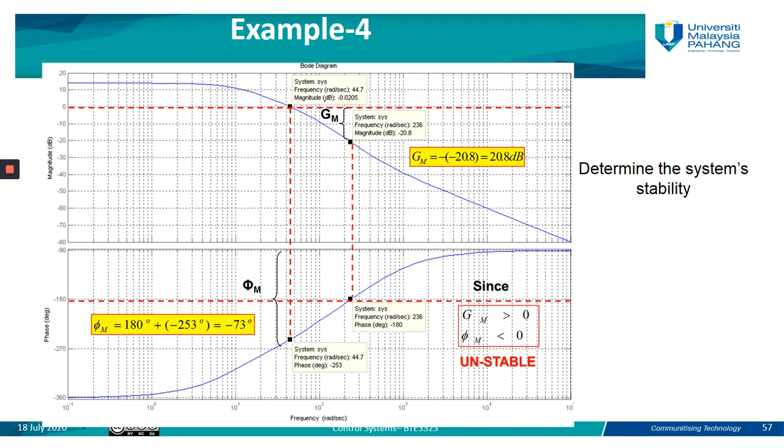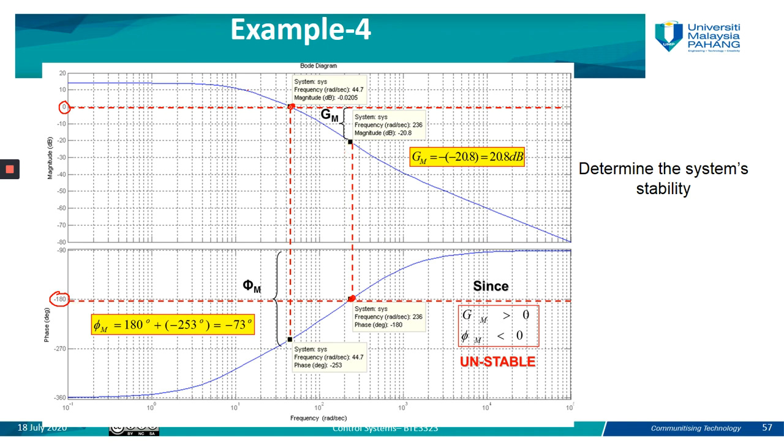We need to identify the gain crossover frequency and the phase crossover frequency. The crossover for the phase is with 180, for the gain it is with 0. That means crossing with 0 dB and with 180 degrees.